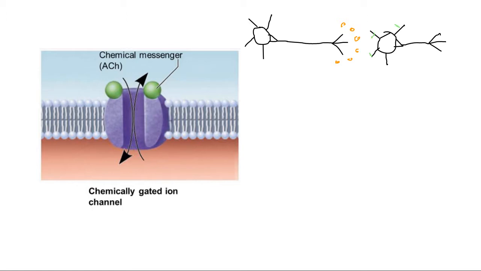We've got spaces on our dendrites where, when the presynaptic neuron releases those neurotransmitters, it's going to attach. And when I attach these neurotransmitters to my chemically gated ion channels, I'm going to open up a pathway for ions to go into the cell.